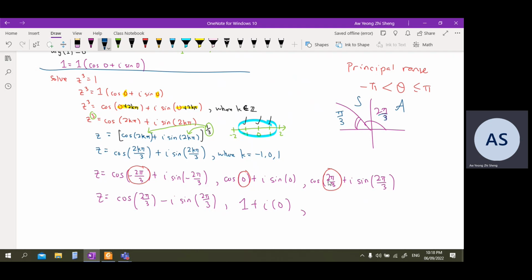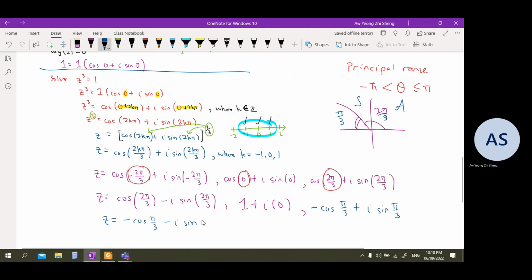And so cos of 2 pi over 3 can be replaced by minus cos pi over 3, plus i sine pi over 3, because sine is positive in the second quadrant.